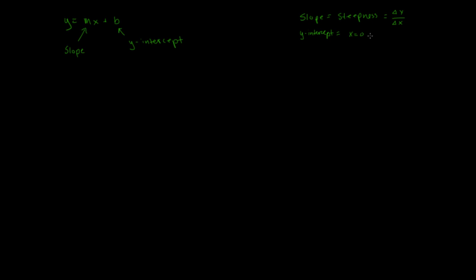That's where it crosses the y-axis. This is really helpful because it allows us to graph a line without having all the points. Rather than having to evaluate an equation for as many points as we need, we can just graph it and know exactly where the line's going to be without having to do all the crazy math and calculations to figure out what those are.